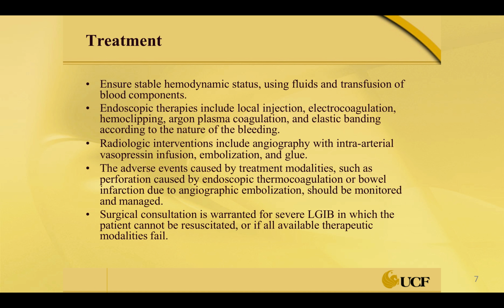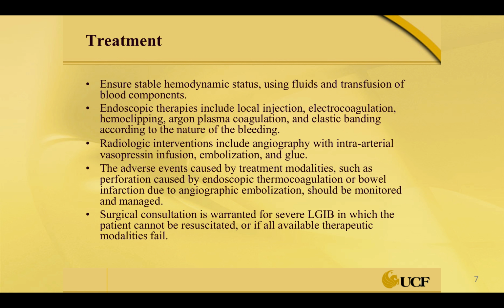So when we talk about treatment, we have to make sure that we preserve the hemodynamic status. So ensuring stable hemodynamic status using fluid and transfusion of blood components is essential. Endoscopic therapies include local injection, electrocoagulation, hemoclipping, argon plasma coagulation, and elastic banding according to the nature of the bleeding.